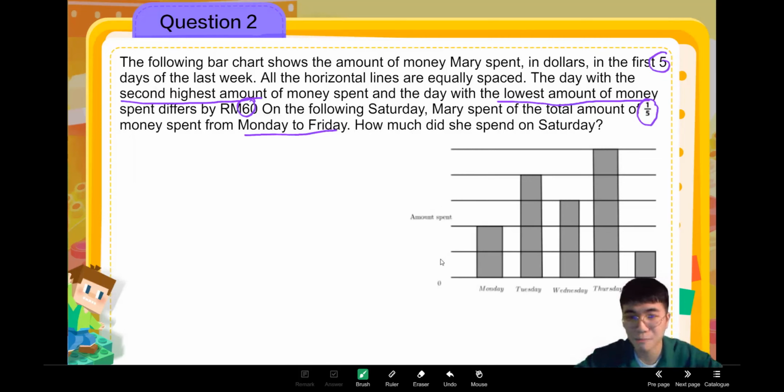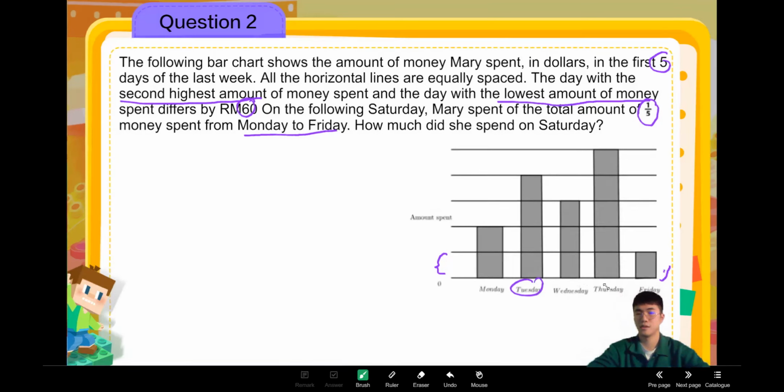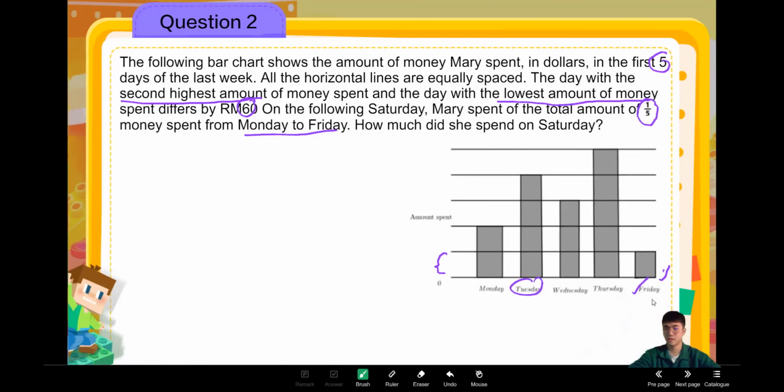Now, every space is equal, and we need to find how much each space actually represents. Which one is the second highest? Tuesday is the second highest. And the least one is Friday, which is this one.